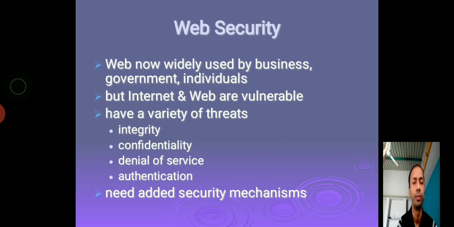Now what will happen if such attacks occur? Then there is an issue with the integrity, confidentiality, and authenticity of the information. And most of the time, because of the DOS or denial of service attack, we are not able to access the desired services from the respective web servers.